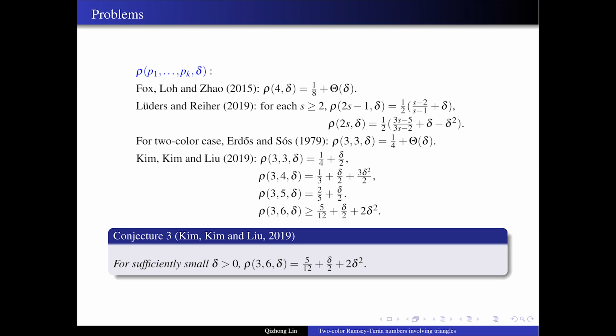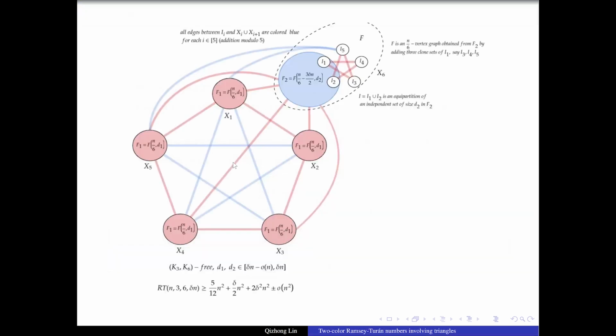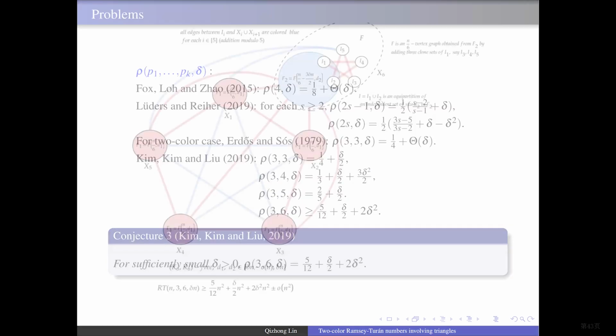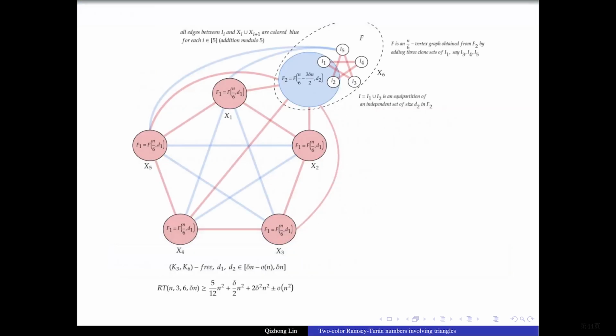From the construction of rho 3, 6 delta by Kim and Liu Hong in 2019, they proposed the following conjecture, and the construction is as follows.